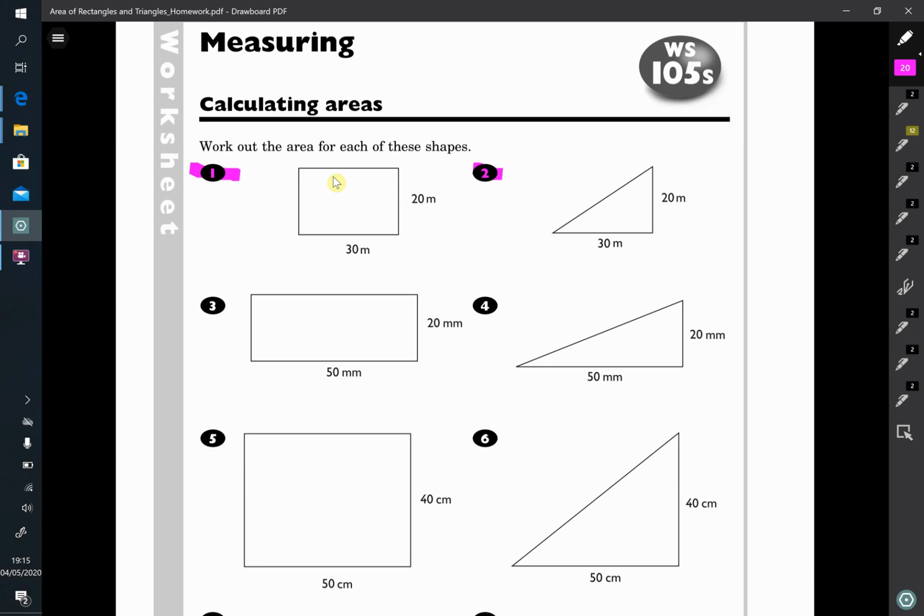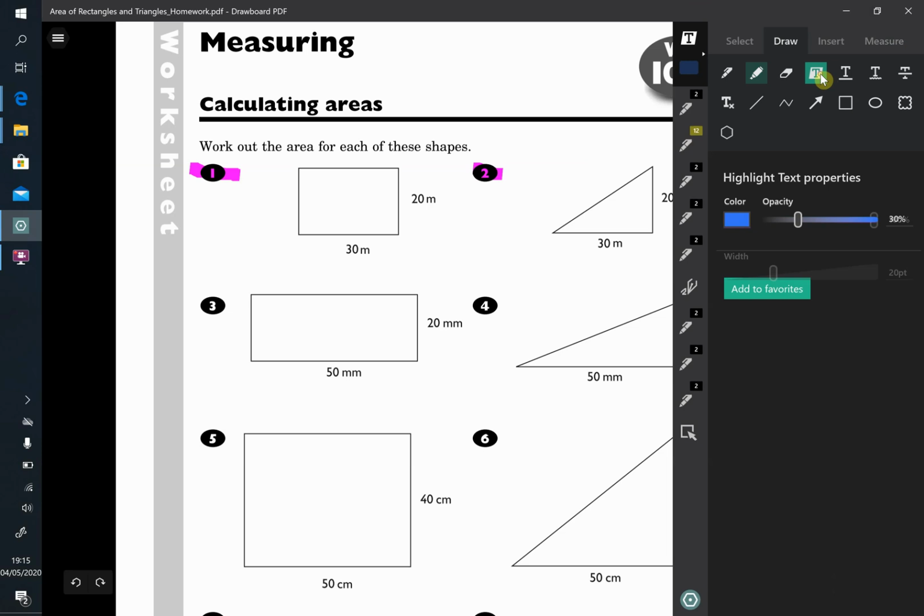What shape is it? You've got four sides, you've got 90 degrees in the corners. These two sides are the same, and this side and this side are the same. So what shape is it? All of you would shout out, it is a rectangle. What is the equation to find the area of a rectangle?